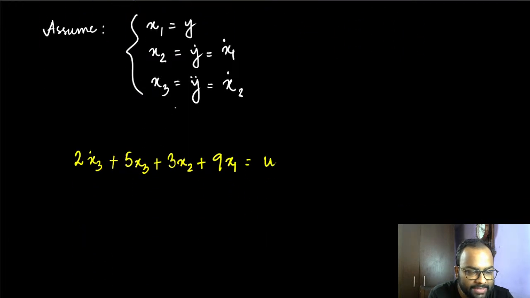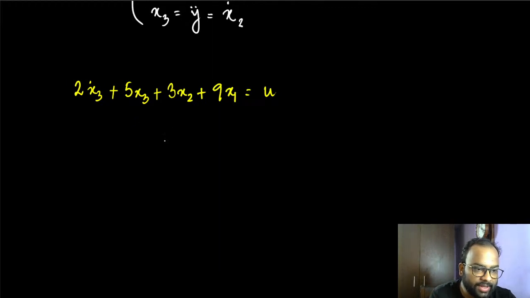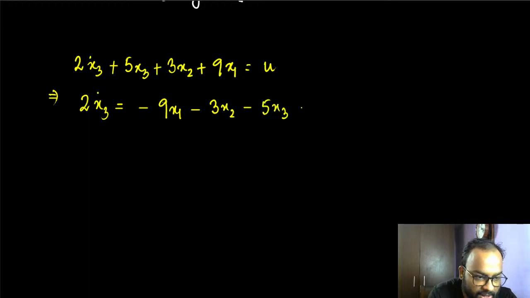So now we have done the substitution, and this looks like a single ordinary differential equation of order 1. So we just converted everything into a first order ordinary differential equation. And if we just take this and bring this here, so let's say this becomes 2x3 dot equals minus 9x1 minus 3x2 minus 5x3 plus u, and divide everything by 2.